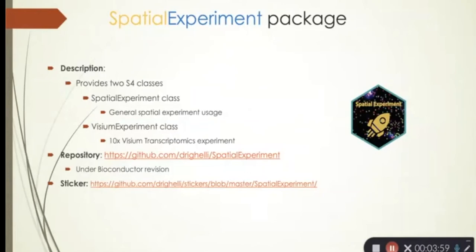The first one is more general for any kind of spatial experiment data, while the second one is specifically designed for the Visium data. At the moment, it is available just on my GitHub, but we are under Bioconductor revisions. And if you are interested, the sticker is also available on my GitHub at the moment.